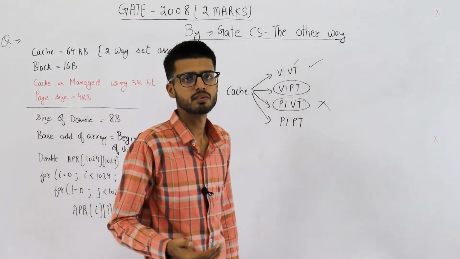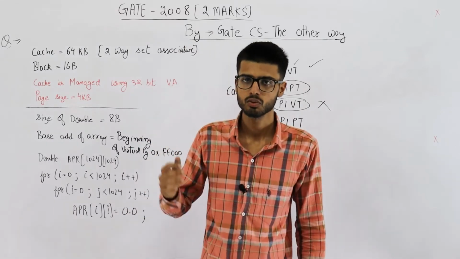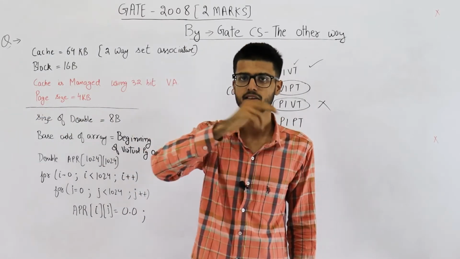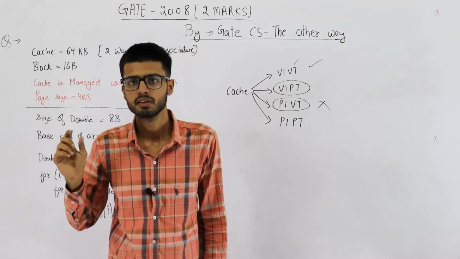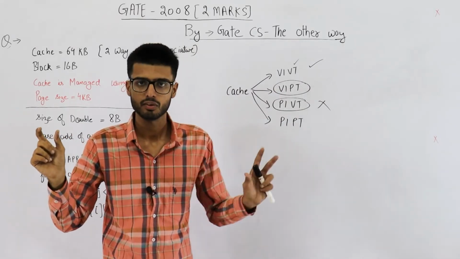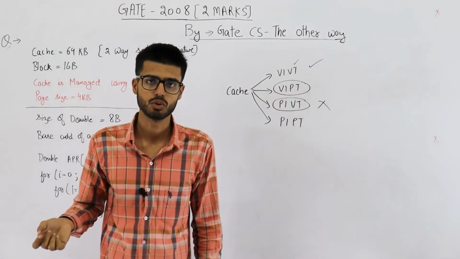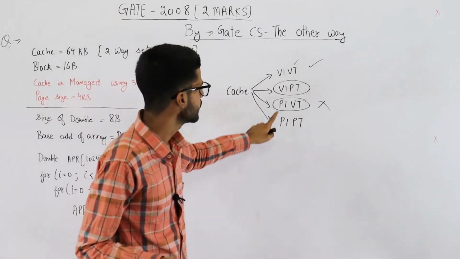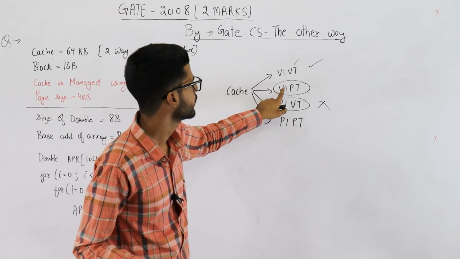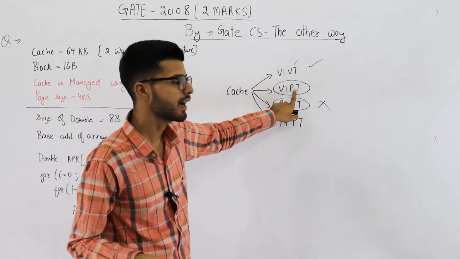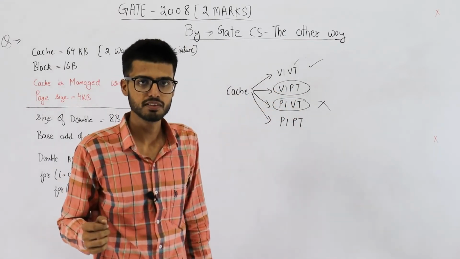Now scientists wanted to speed up this process, so what they did is they directly input that virtual address to the cache. That means the cache can be indexed virtually. And in the virtually indexed, physically tagged scheme, tags are still taken from the physical address.